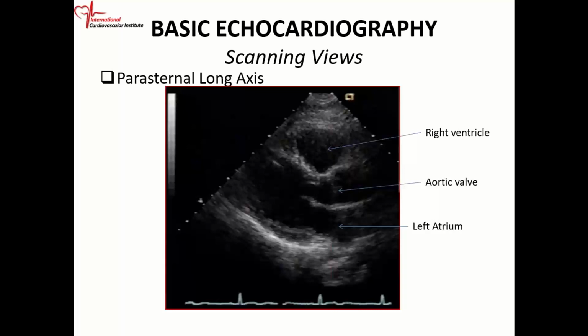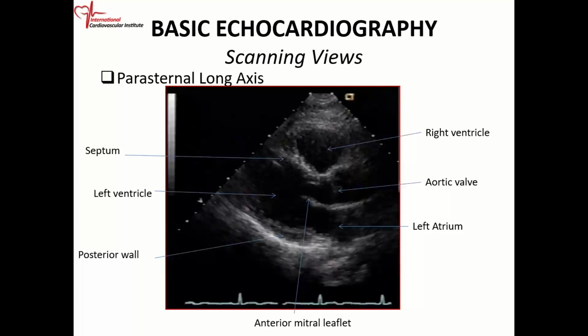The left atrium is there. This is your anterior mitral leaflet. The posterior wall is right there. That's your left ventricular cavity, and that is your septum. So those are the structures that you're going to encounter when you do your parasternal long axis view.